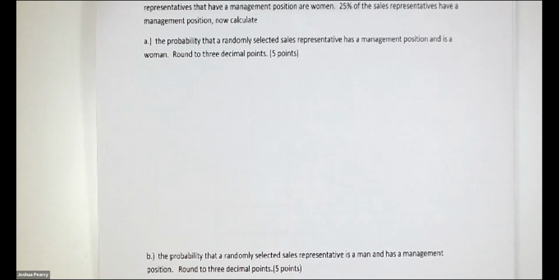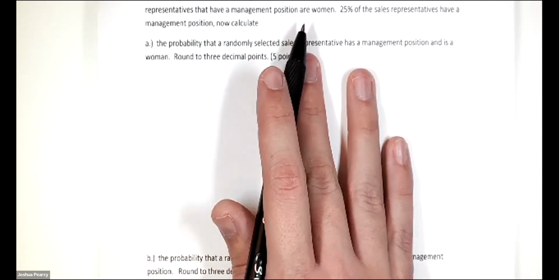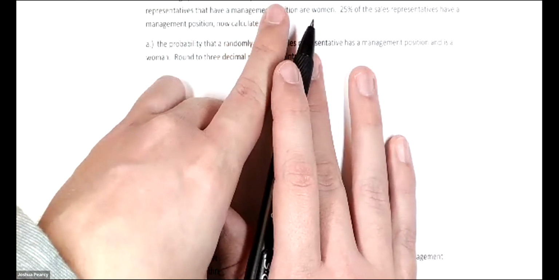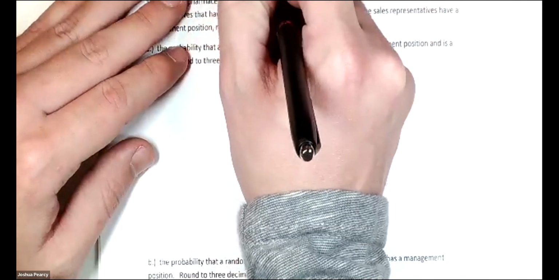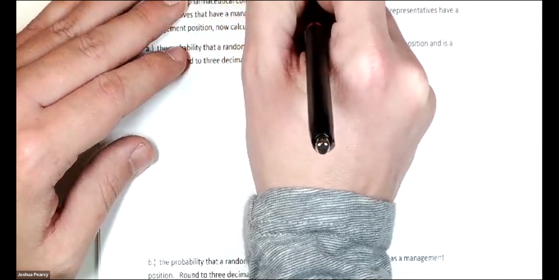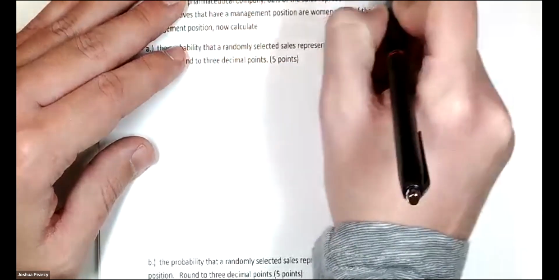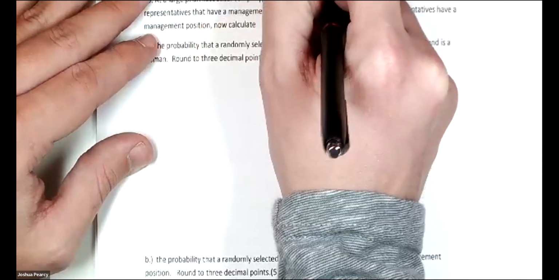Okay, so first thing you want to do is identify what in the world these mean. This says 62% of the sales representatives at this company are women. So the probability of being a woman at this company, so just women, is equal to 62% or 0.62.